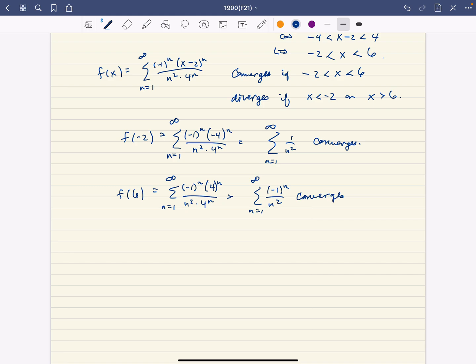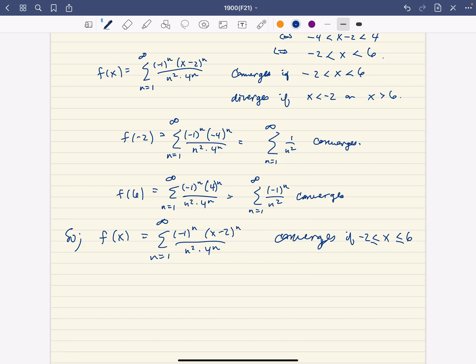Okay, and so essentially what we just proved is that we're done with this problem. This series that we were looking at, negative 1 to the n, x minus 2 to the n, over n squared times 4 to the n, as n goes from 1 to infinity, converges if x is between negative 2 and 6, including both endpoints, which is the work that we just did previously.